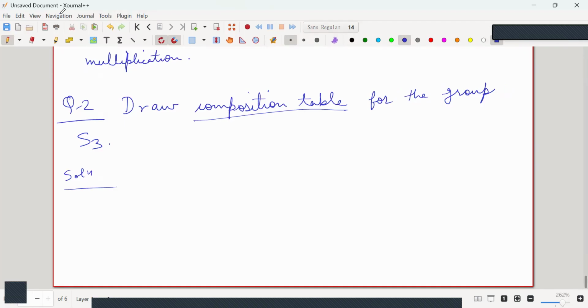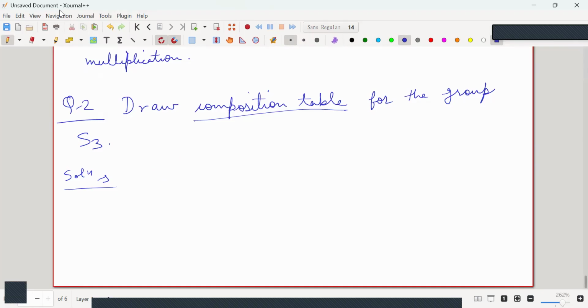Since the cycle notation of elements in S3 has not yet been discussed in class, I will be defining elements in a very naive manner. There are so many ways to represent S3.